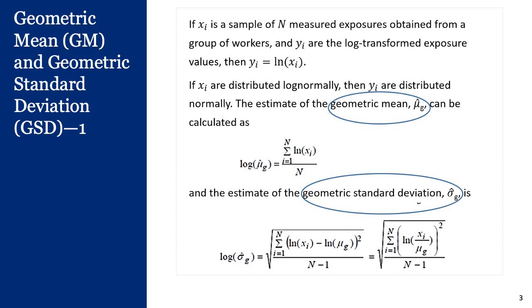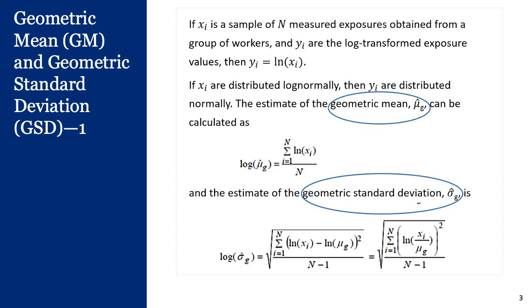The geometric standard deviation, sigma sub g, is defined in a very similar way. Here again, at the bottom of the page, you see the formula for it. Instead of taking the standard deviation of the x's, we take the standard deviation of the log transformed values.